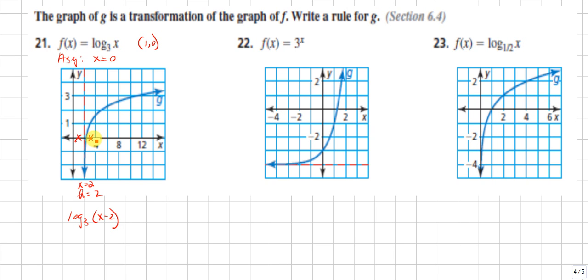It's actually also moved up to here. So it's gone up 1 also. It's moved to the right 2 because of the shift in the x, which is h, and then it's moved up 1. So I can see that my equation, and they don't use f for this shift, they use g, would be this.